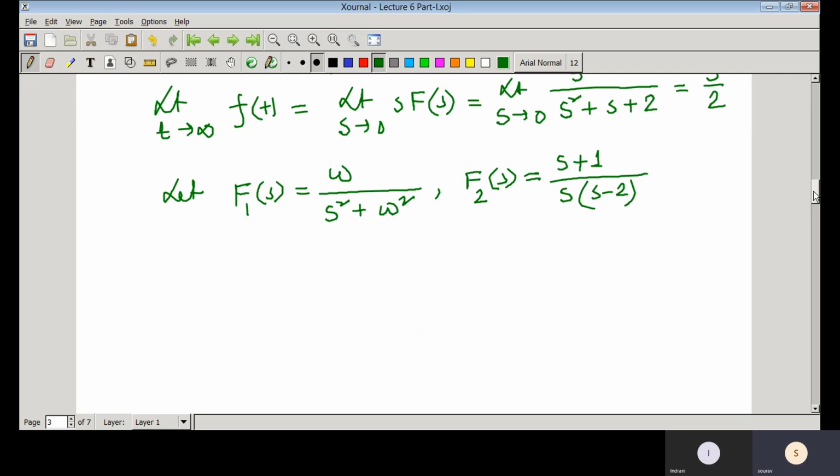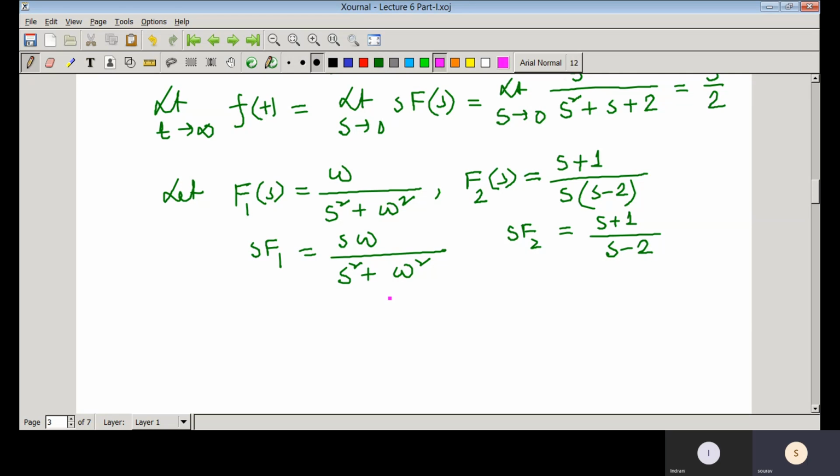So in both the cases, you can see here sF(s), that means if you find sF1(s), it would be s into omega divided by s square plus omega square, and sF2(s) equals s plus 1 divided by s minus 2.